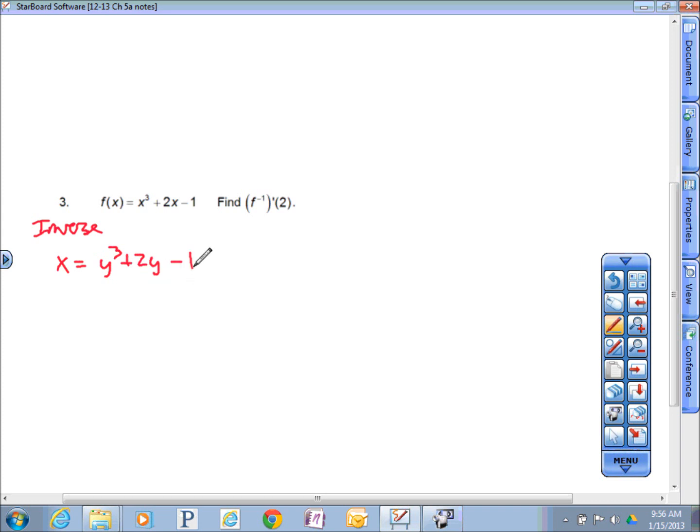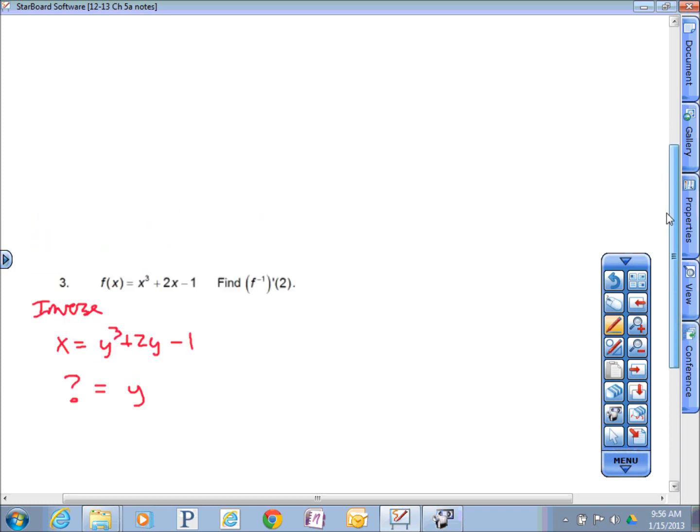But the problem is I don't know how to solve for y. This isn't going to work. So what happens when I have a function like this? They're asking us to find the inverse, take the derivative, and plug 2 into that inverse. Well, if I can't find it, then we're kind of out of luck.